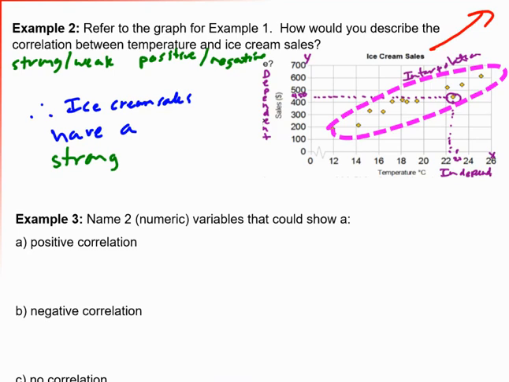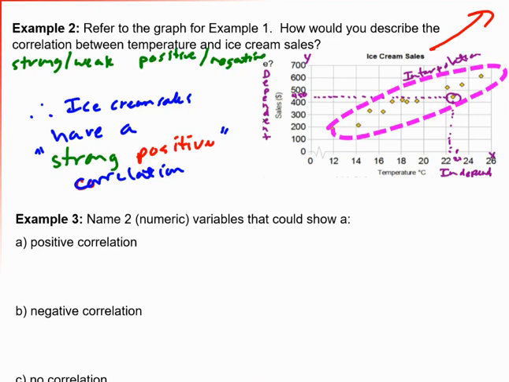So we would have a strong, positive correlation. Strong, positive correlation. All right. Good. That's as simple as it gets.